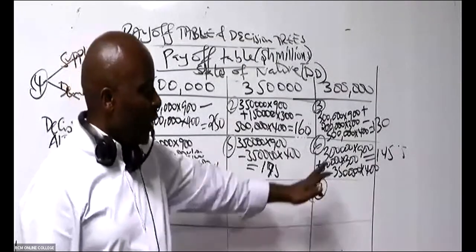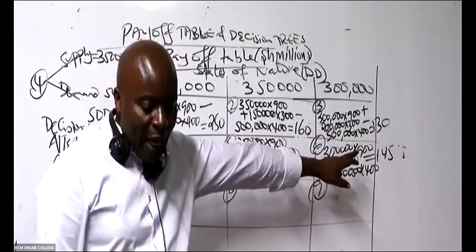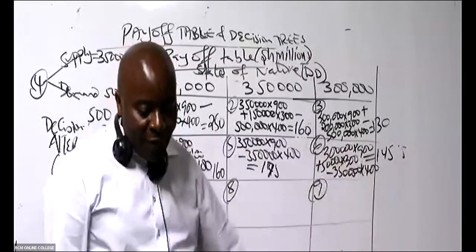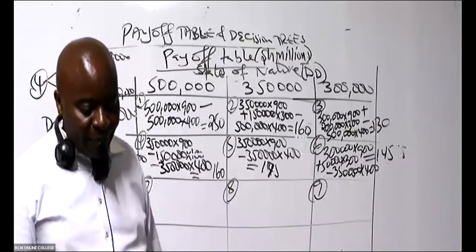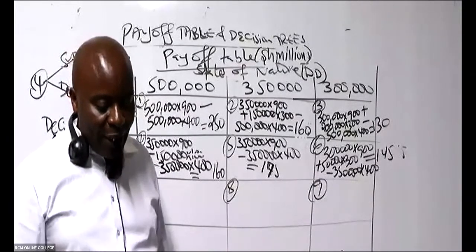Let's agree. Is there somebody who is getting a different answer other than 145? Anybody getting a different answer still? Let us sort it first before we erase. Anybody getting a different answer?